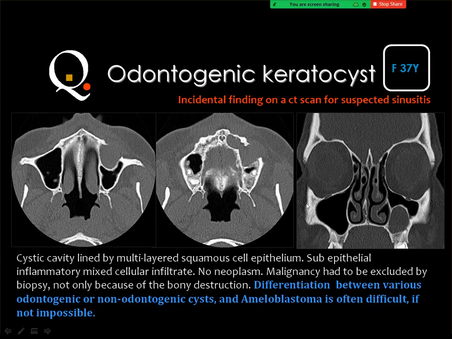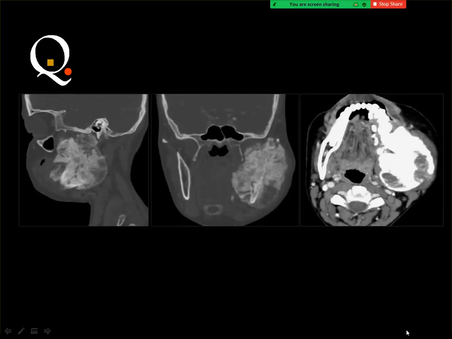If you are asked about what you prefer for the diagnosis, you should say that I prefer ameloblastoma or adamantinoma because it is more common than the keratocyst.